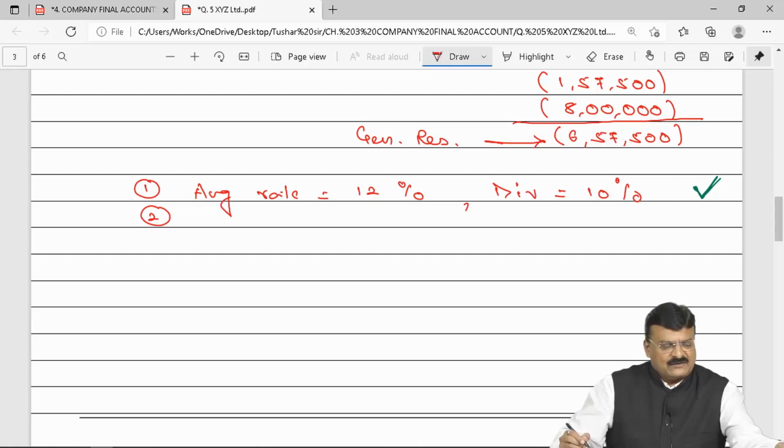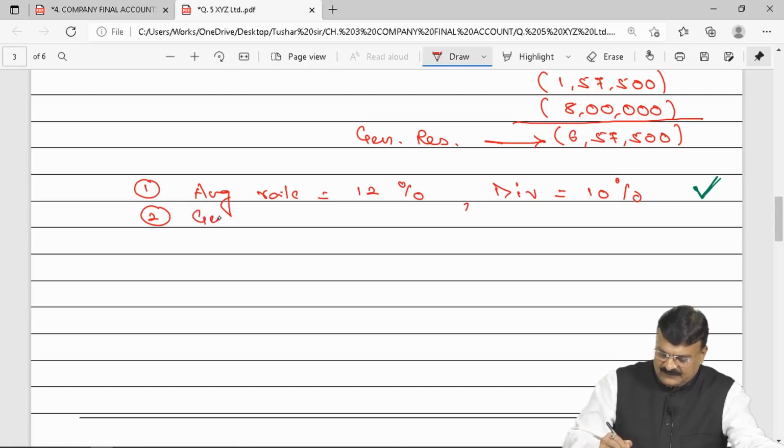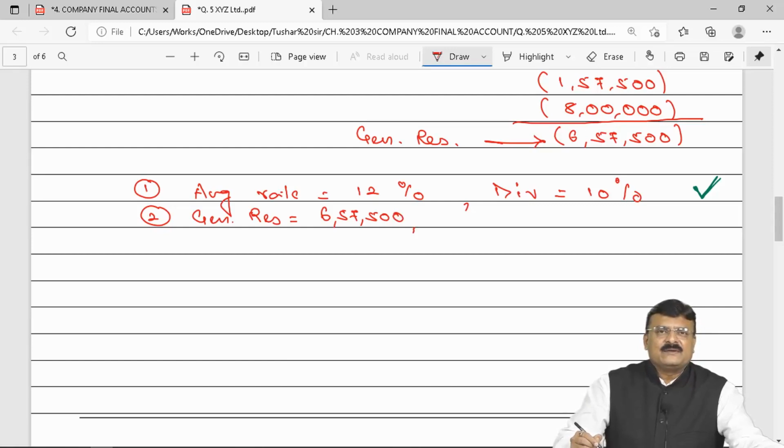Condition number 2. What was our second condition, friends? The profit utilized, 6,57,500, cannot exceed 10% of paid up capital and free reserves. So let us calculate. The general reserve we are planning to use is 6,57,500, and that should not exceed 10% of our paid up capital.